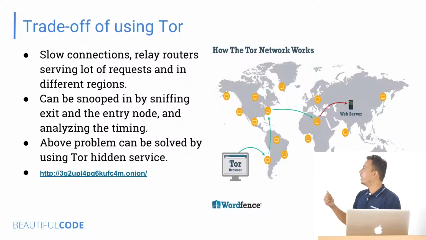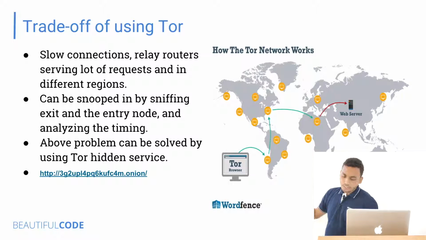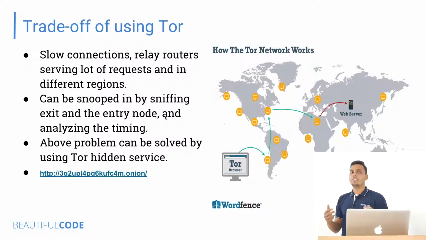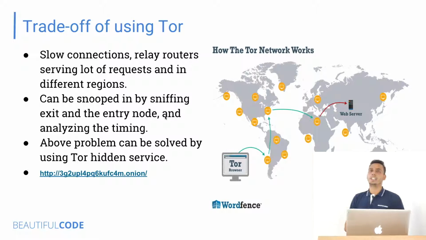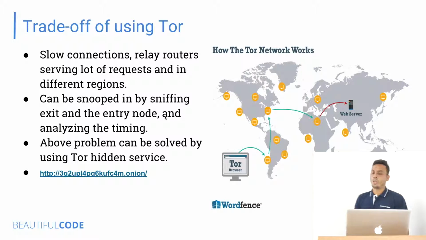Also, there is one more problem: if somebody snoops at the entry node and the exit node, they might get to know what you are up to. They will note the timing that at this time somebody sent a message at this tempo, and milliseconds later Amazon received a request of similar tempo, so they can guess what happened.